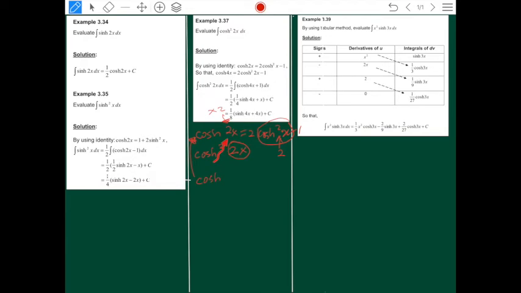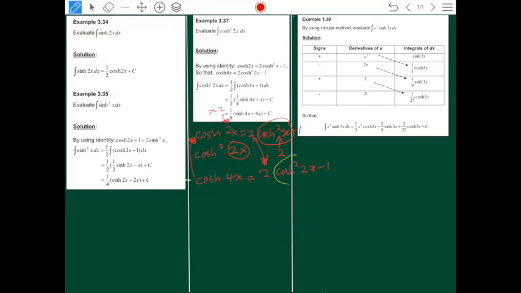So your new hyperbolic identity is cos 4x equals, this one remains the same, 2 cos squared 2x minus 1.